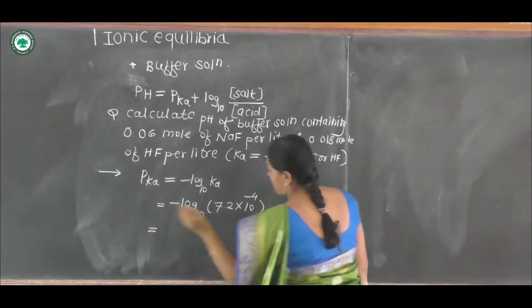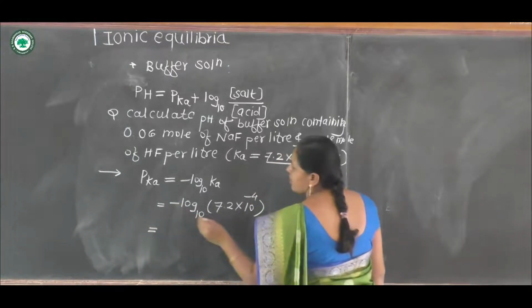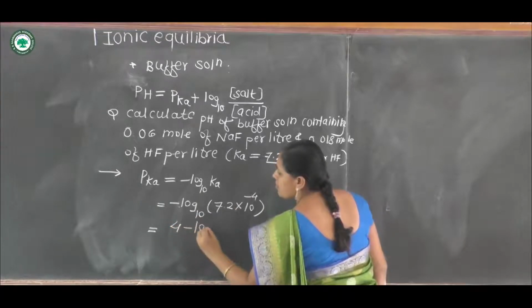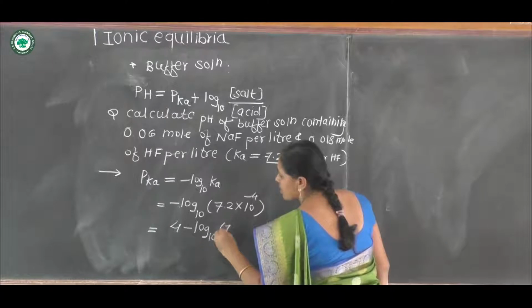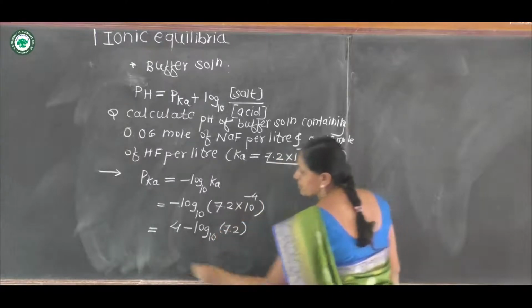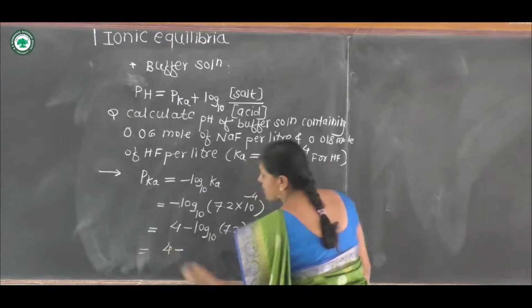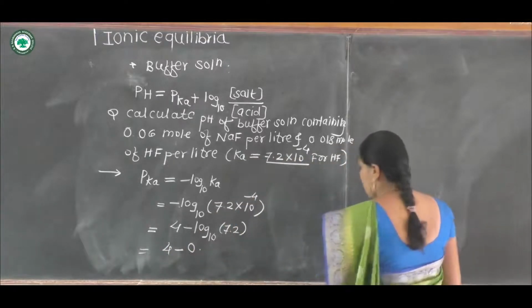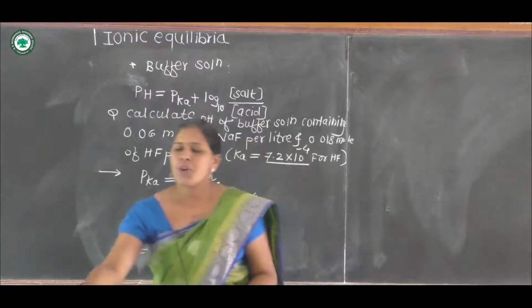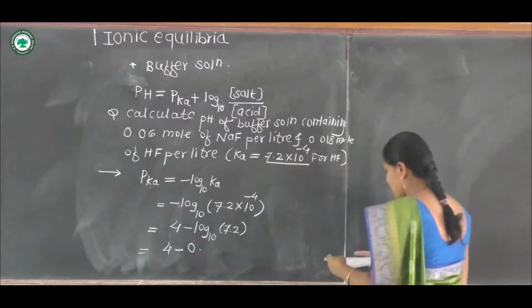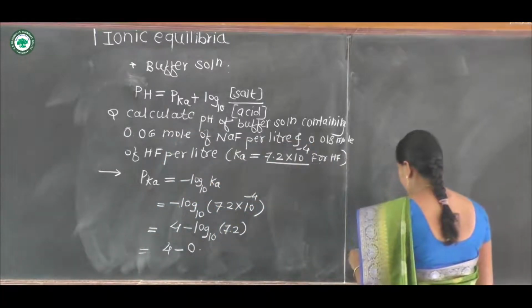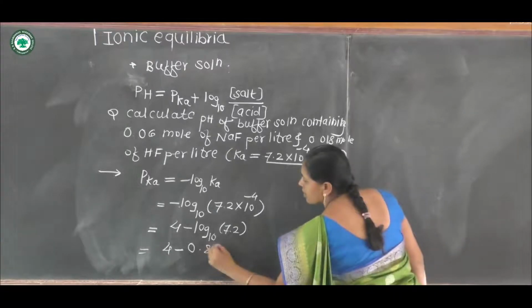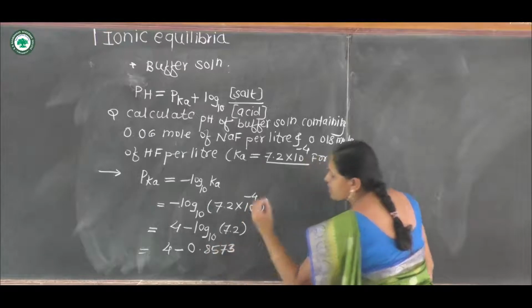Here it becomes 4 minus log to the base 10 of 7.2. Log of 7.2 equals 0.8573.